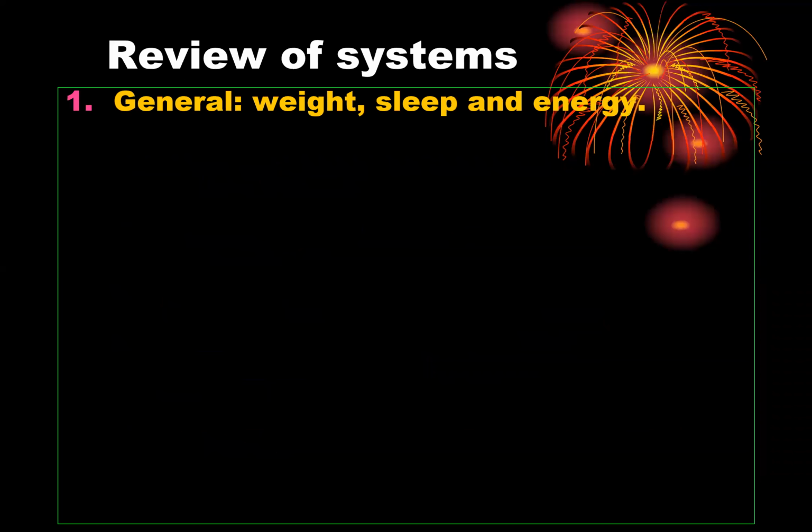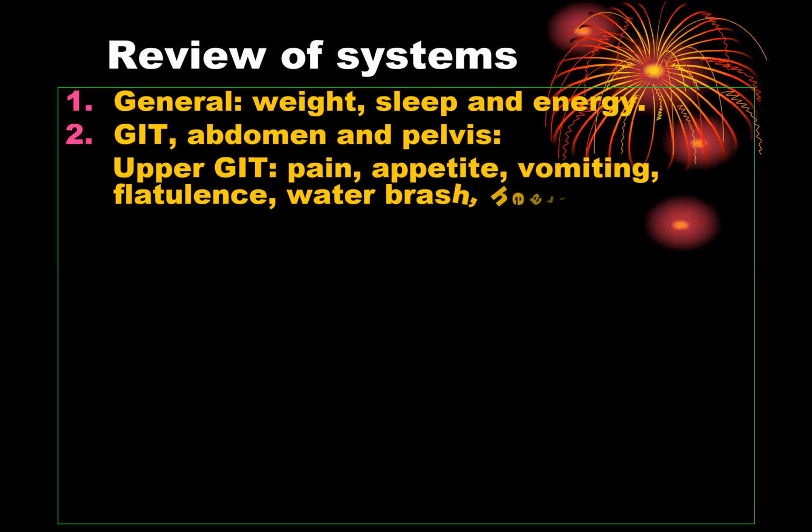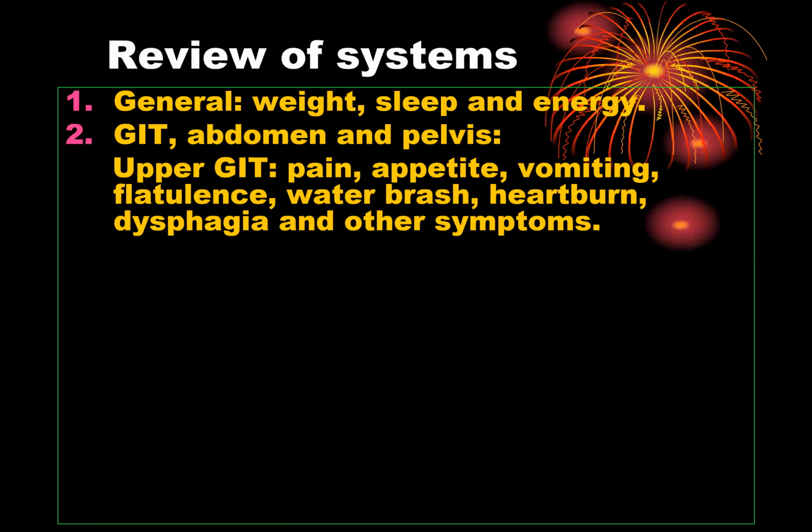Review of systems. We have the general: we have to look at the weight of the patient, sleep and energy. GIT, abdomen and pelvis. Upper GIT, we have to ask about pain, appetite, vomiting, flatulence, water brash, heartburn, dysphagia, and other symptoms.